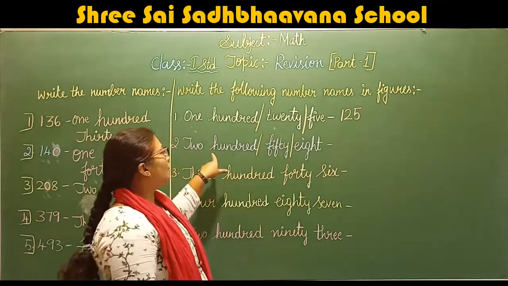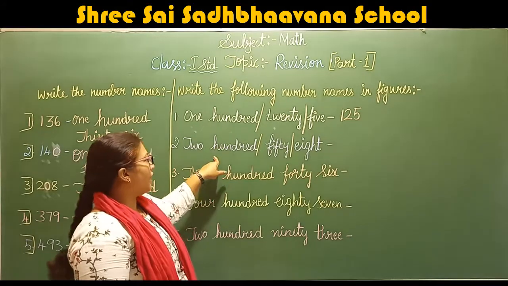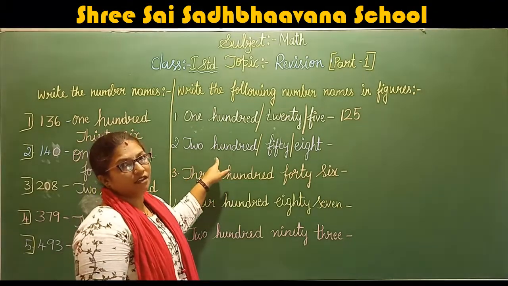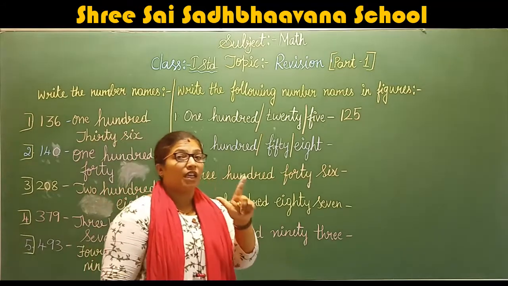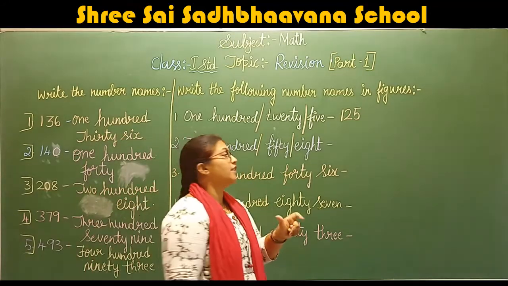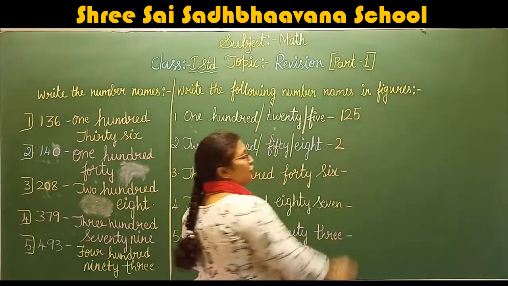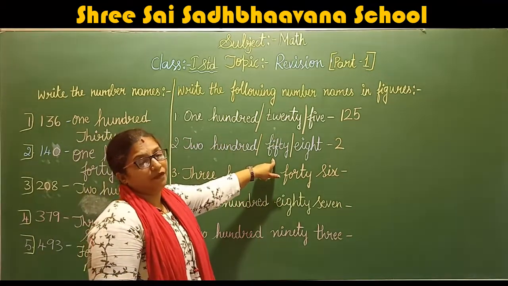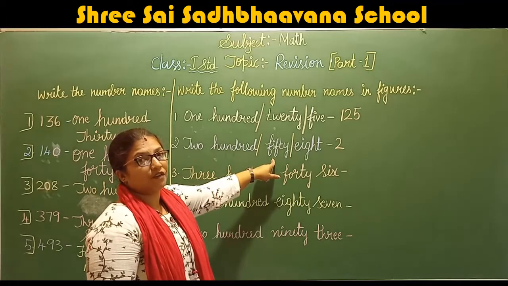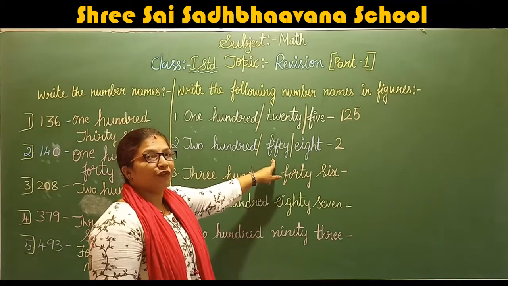Next, 258. In the hundreds place, how much is given? 200. How many hundreds are given? You should write 2. Then in the tens place, they gave you 50.